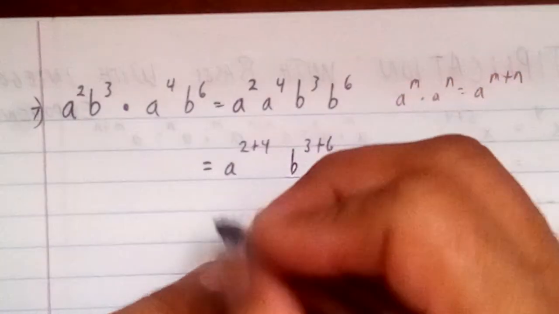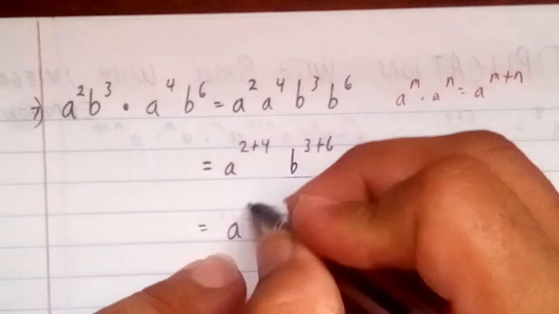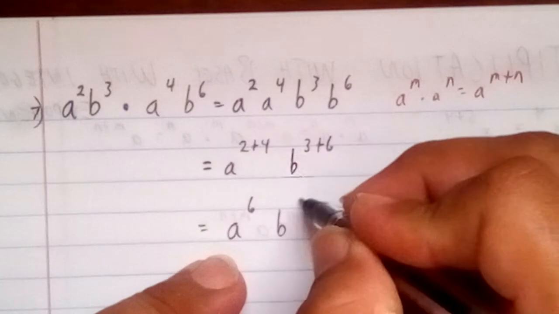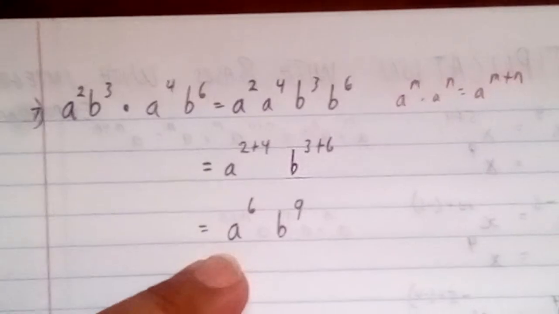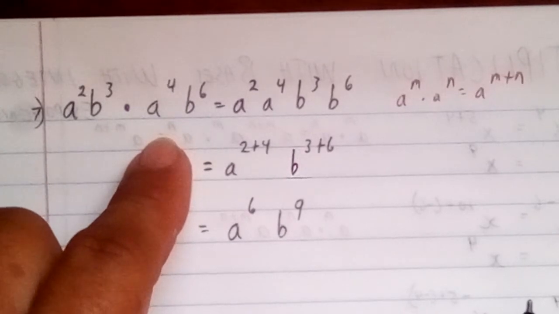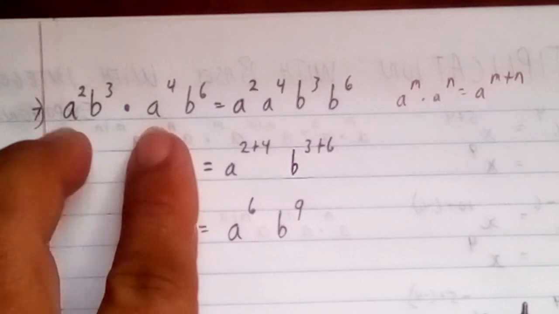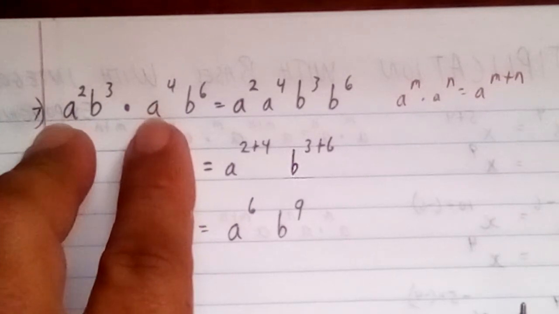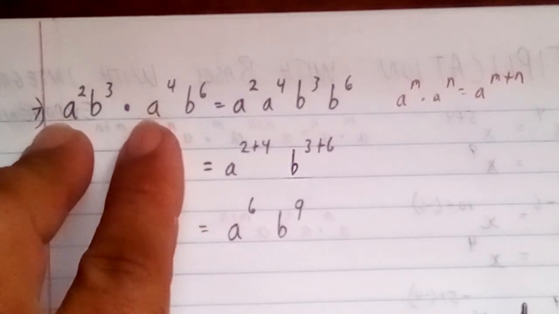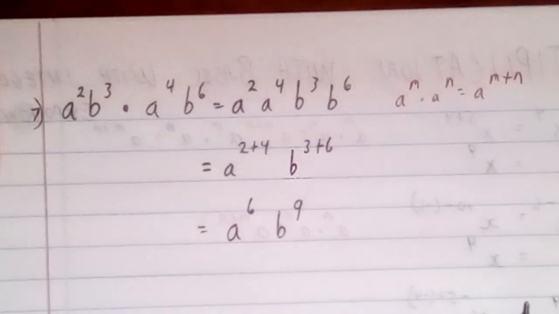Now we keep the base. 2 plus 4 is 6, and b to the 9, and that's your solution. Notice, just because it is written this way doesn't mean it is something new. We just consider them to be the same bases, which they are. So this could be numbers, or this could be letters. It doesn't make any difference.